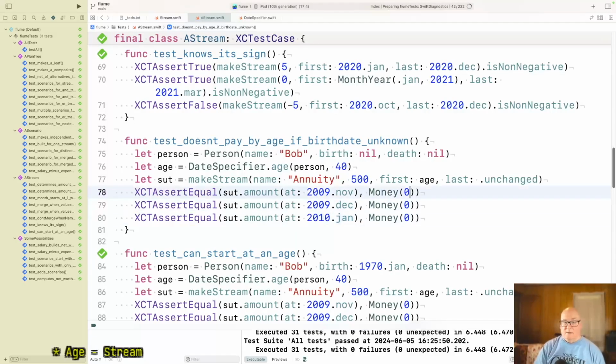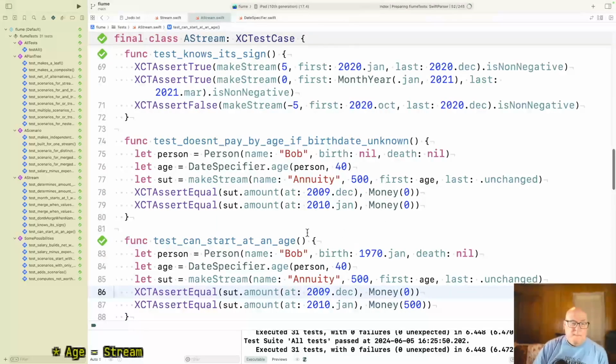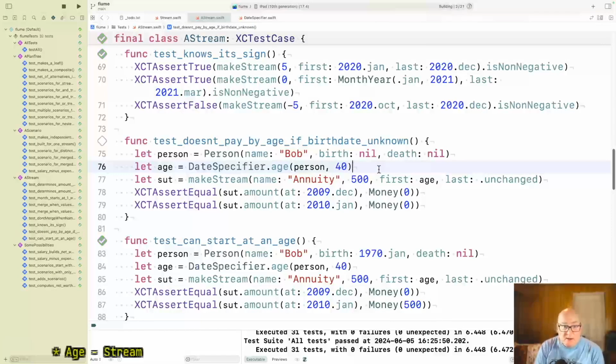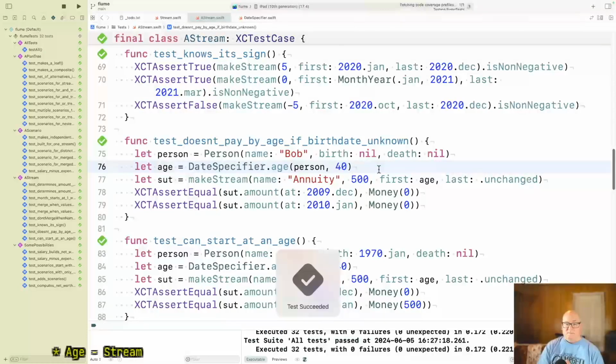It's always 0. Okay, I think this test will just pass because I put the guard clause in. Okay.